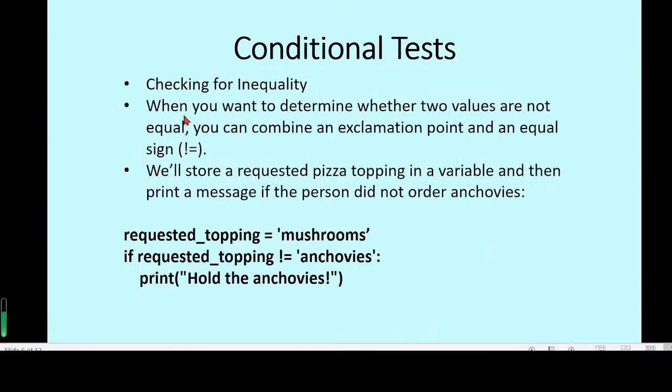Checking for inequality. When you want to determine whether two values are not equal, you can combine an exclamation point and an equal sign. So this means not equal. So we will store a requested pizza topping in a variable and then print a message if the person did not order anchovies. So this is requested topping, called mushroom, this value. So if requested topping not equal to anchovies, then we'll print hold the anchovies.